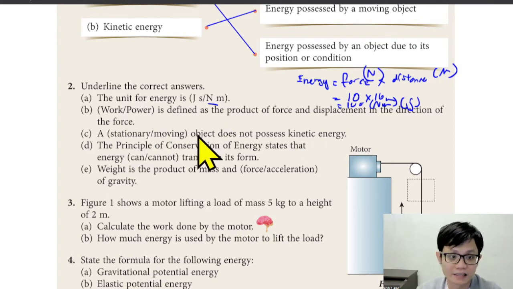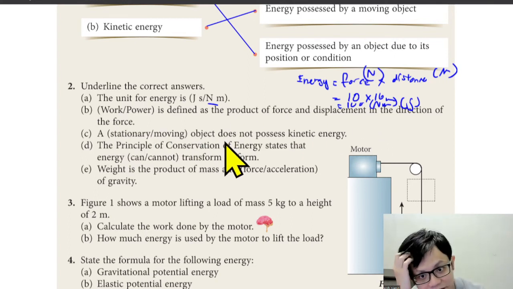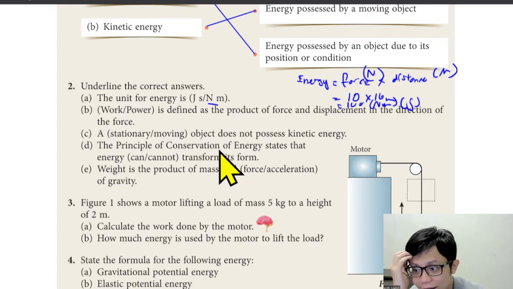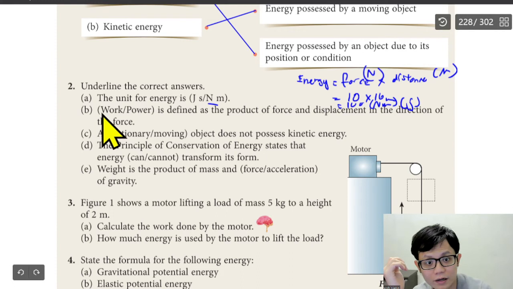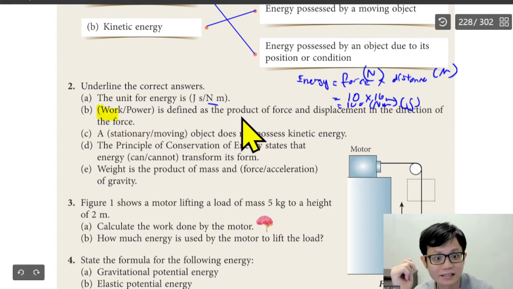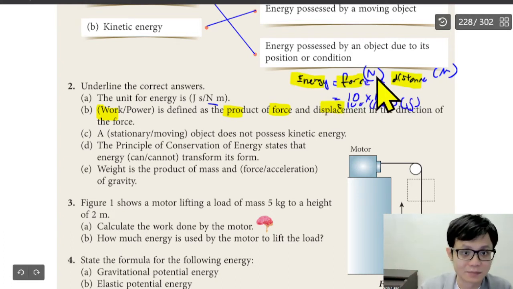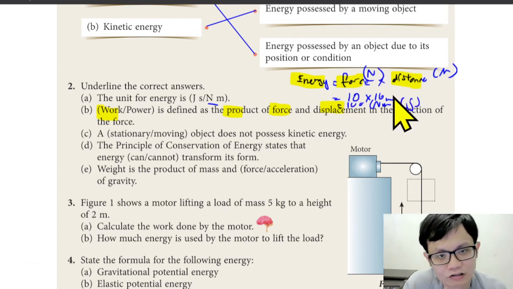Work is defined as the product of force and displacement. Product means times. Work equals force times displacement. Mathematically it should be displacement, not distance.